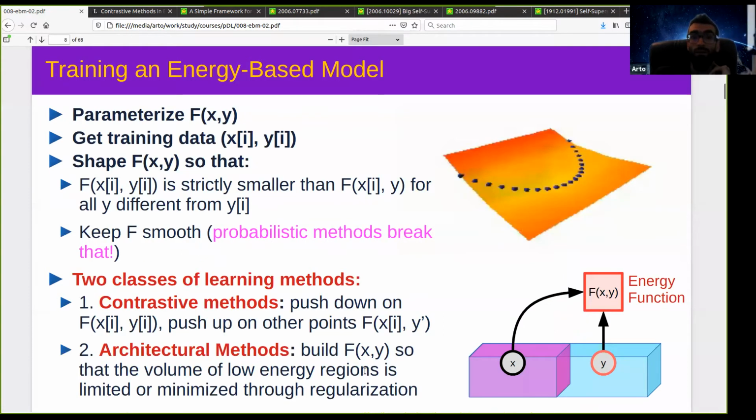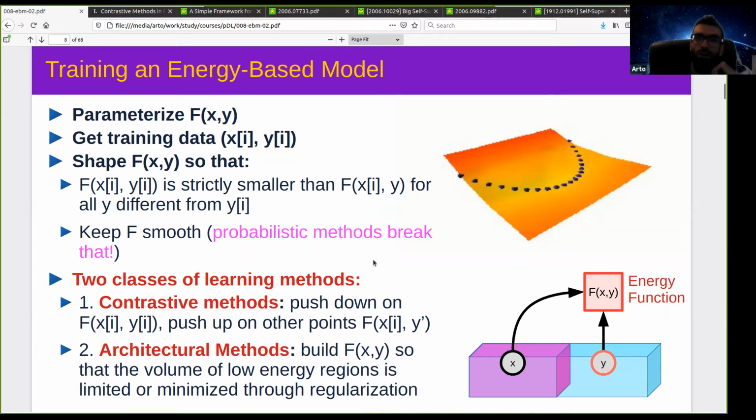And okay, so that was inference. And now to training energy-based models. Basically, at inference, we wanted to get the y which minimizes this F of x, y. And now we want to learn the parameters of this F of x, y, right?